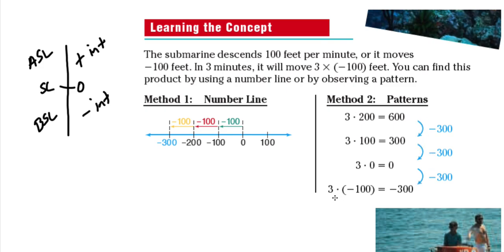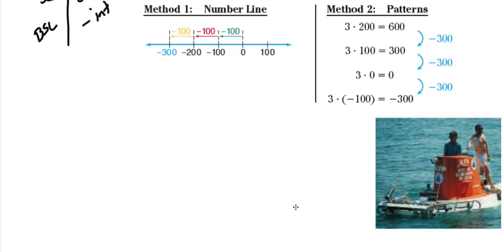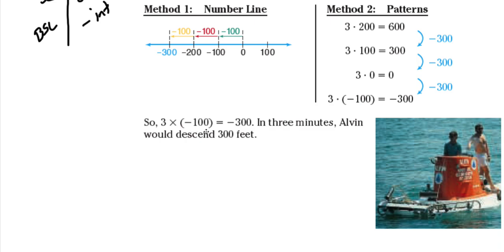So we simply multiply 3 times negative 100 equals negative 300 using patterns. So we know that 3 times negative 100 is negative 300. In 3 minutes, Alvin will descend 300 feet.